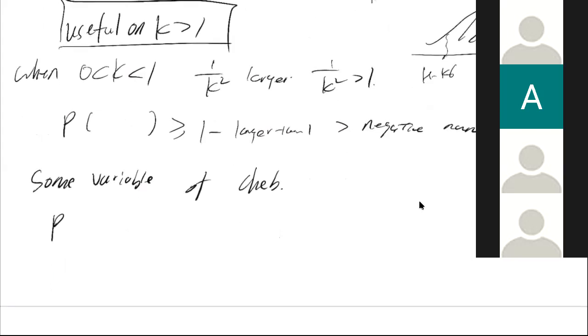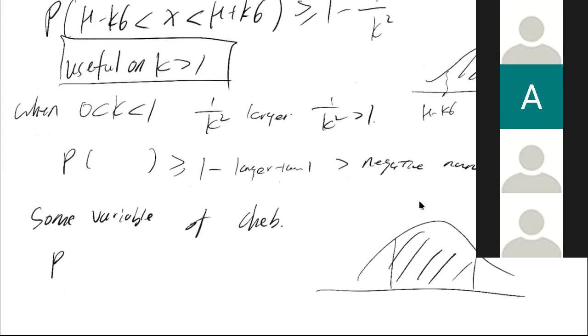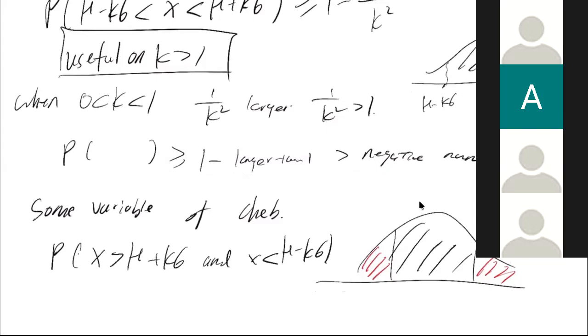But if we have this inequality, that means for the same distribution, you can also give an upper bound on the tails that are not in the middle. One variation is when we are talking about x greater than mu plus k sigma and x less than mu minus k sigma, these two tails here.